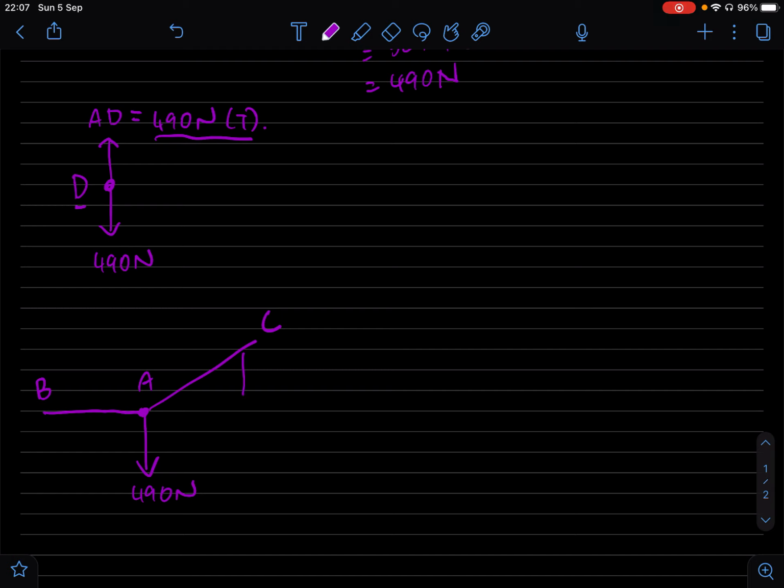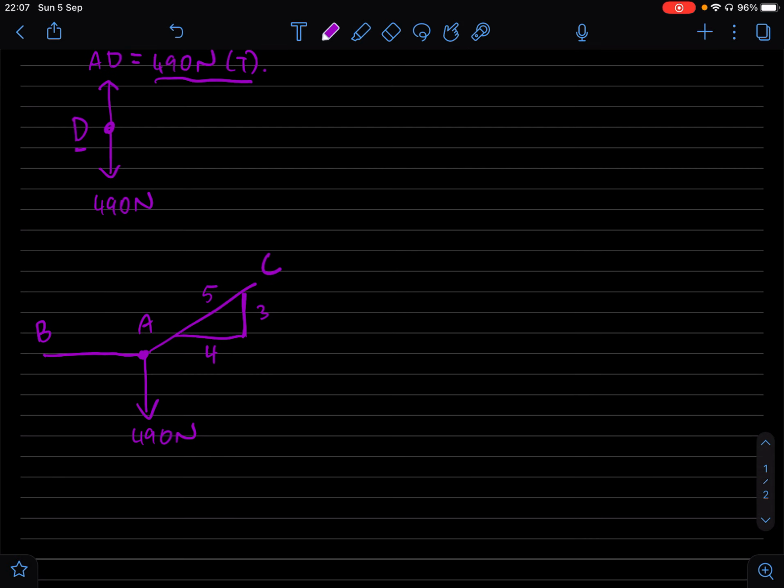So we don't have the angle for this, but we do have 5, 3, 4 values given to us. Let's start by summing the forces in the y, because we have this y load known to us. 0 equals this load, negative 490, plus the y component of AC, the member AC. We want this y component here.